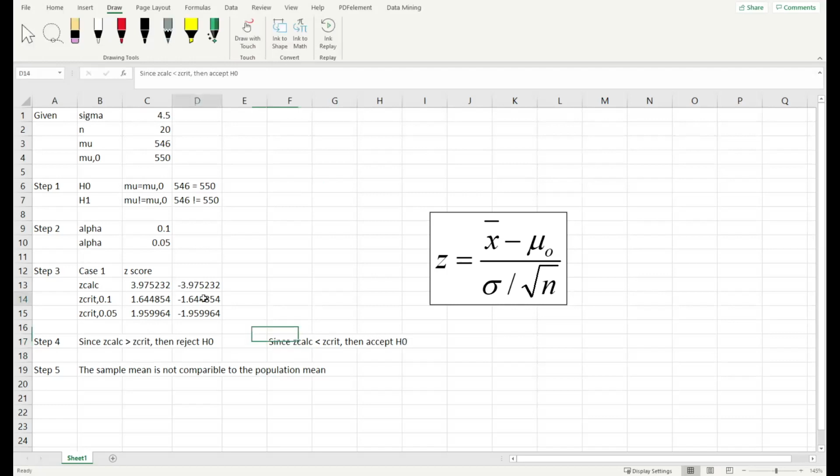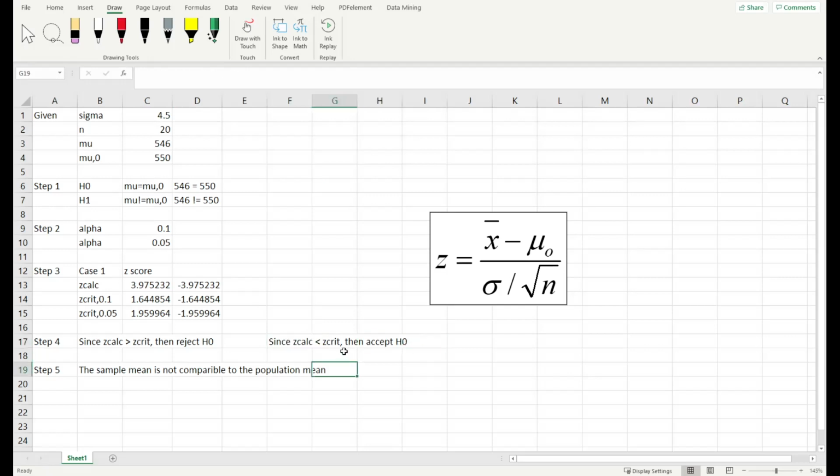Right? Because zcalc is this value, this is greater, or sorry, this zcalc is less than this value because it's more negative. Right? This is negative. Then if I just follow my understanding that if the calculated value is greater than the critical value, then we reject H naught, I might get confused and accept H naught, when in fact I should be rejecting it.